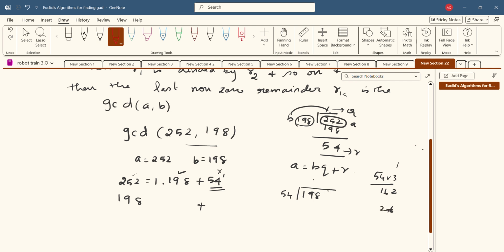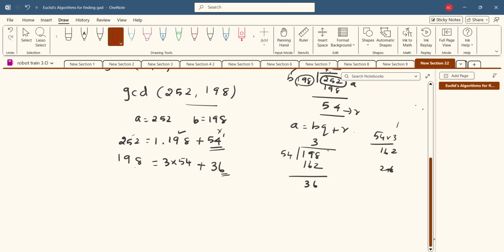So 3 times only. 3 times 54 is 162, and the remainder is 36. So we write 198 = 3 times 54 plus 36. So r2 is the remainder when b is divided by r1.